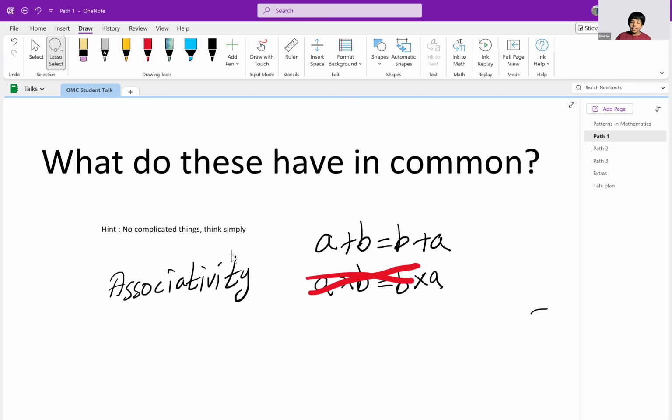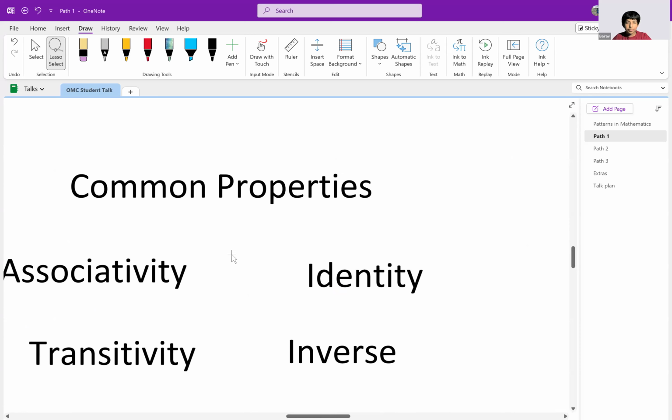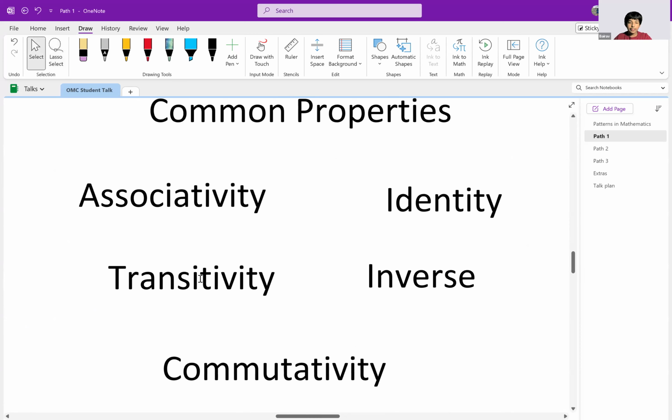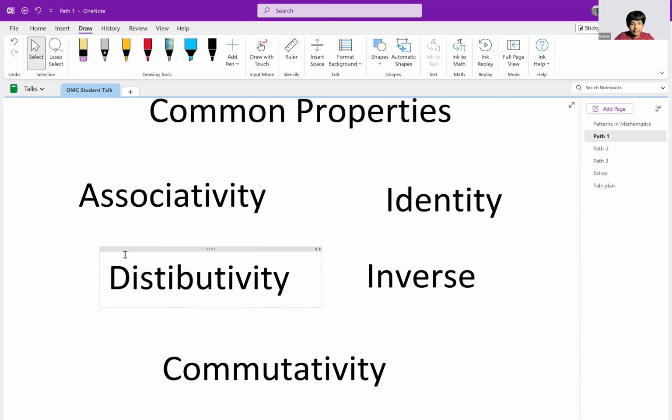Okay, yes. So I guess now I'll just tell you the rest. So these are the common properties out of all of these. Sorry for this, I wrote transitivity by mistake. It should have been distributivity.